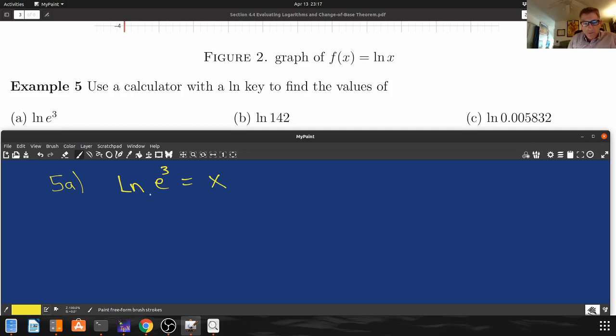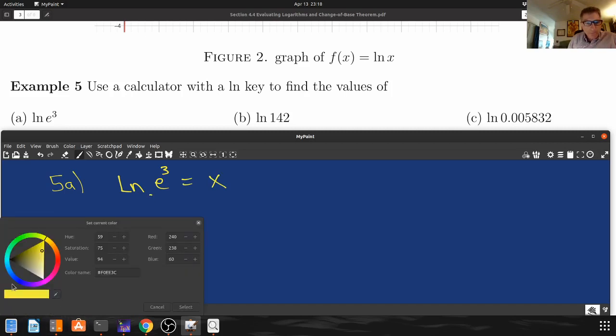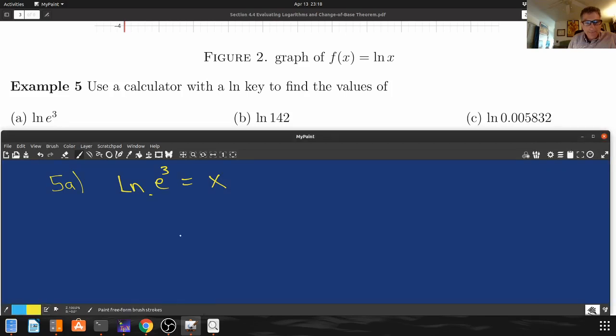But remember, this is to the base e. We don't write it. So if ln of e cubed is equal to x, that implies e to the x is equal to this number, e cubed. So x is equal to 3.